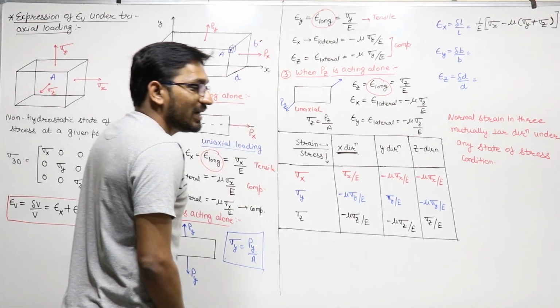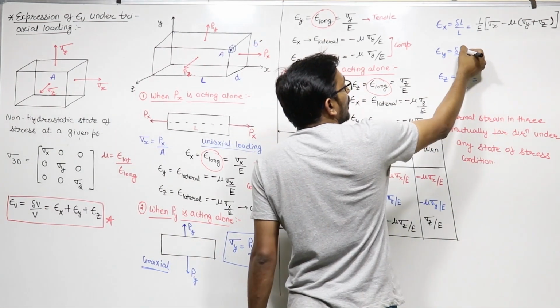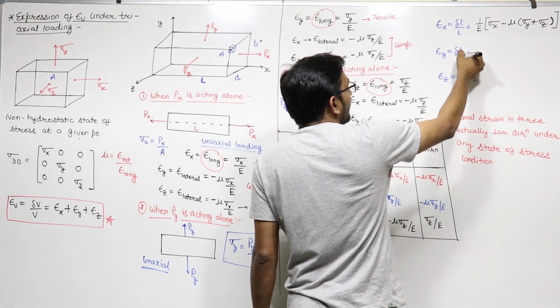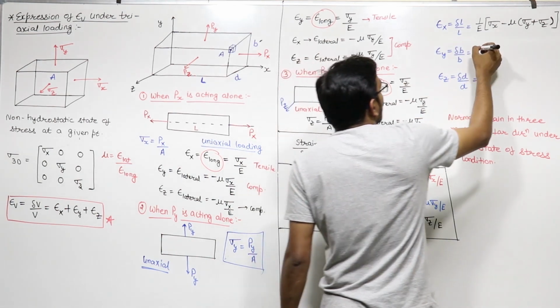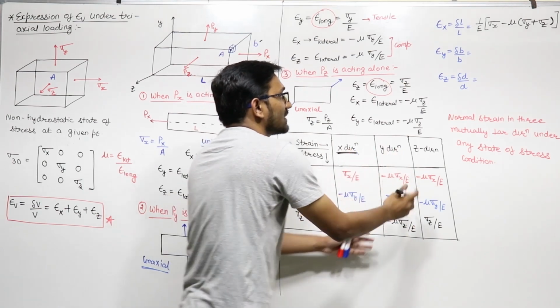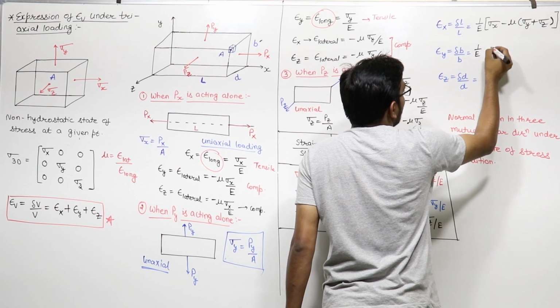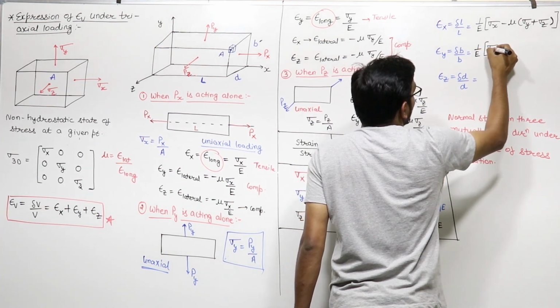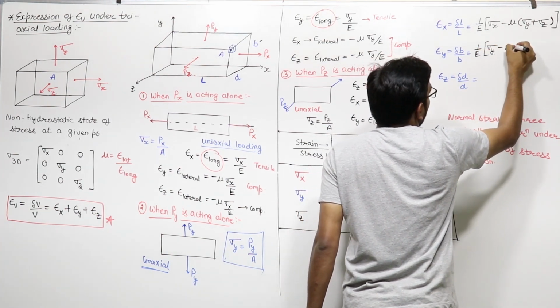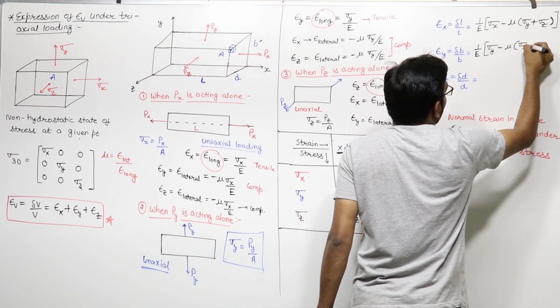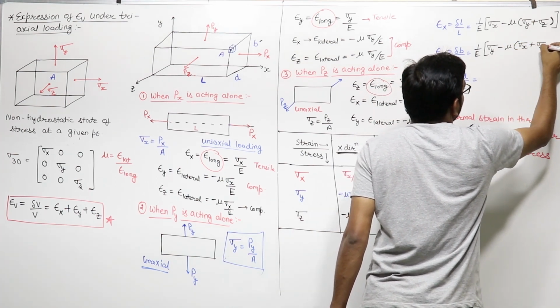So the total strain in y direction will be change of width upon b, delta b upon b. This will be equal to 1 upon E into sigma y minus mu times sigma x plus sigma z.